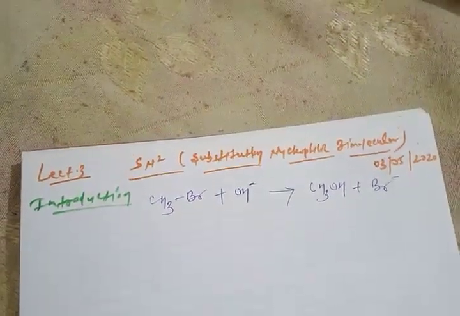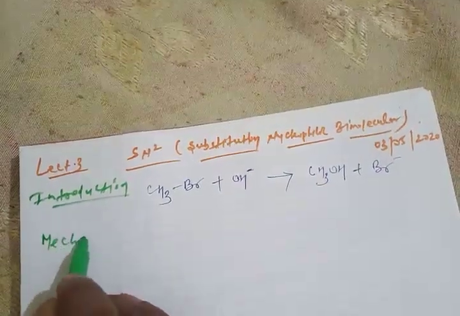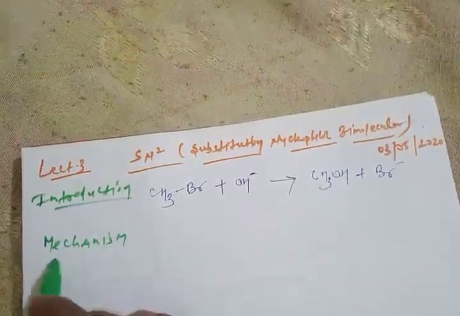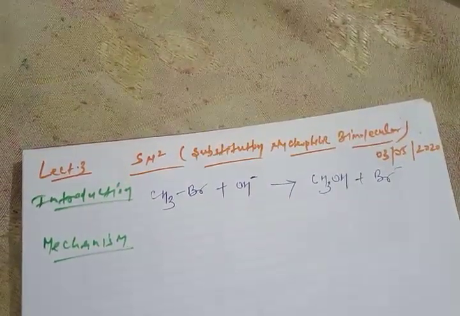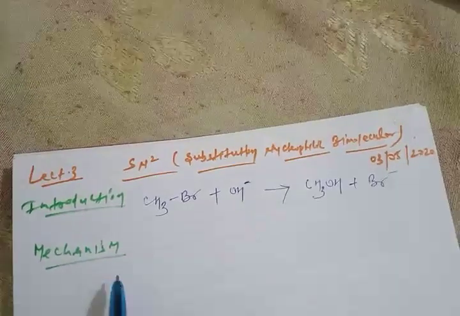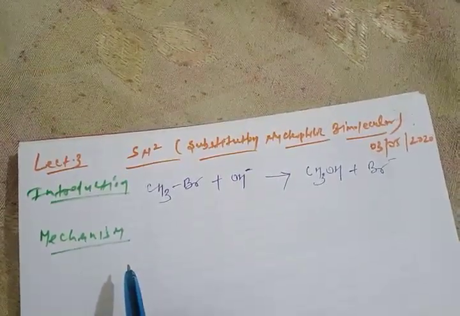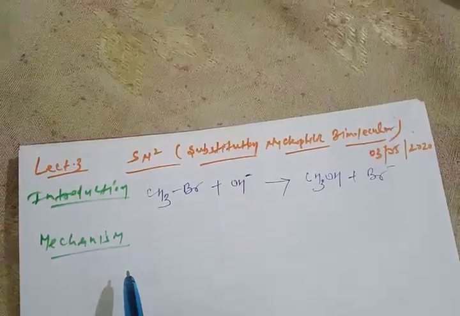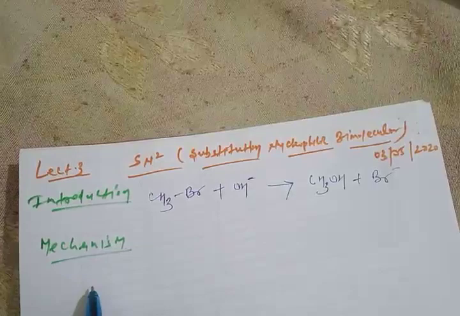Now what is the mechanism behind this? The mechanism is slightly different from the previous one, that was SN1. In this case, what will happen? Let's write the reaction equation first.